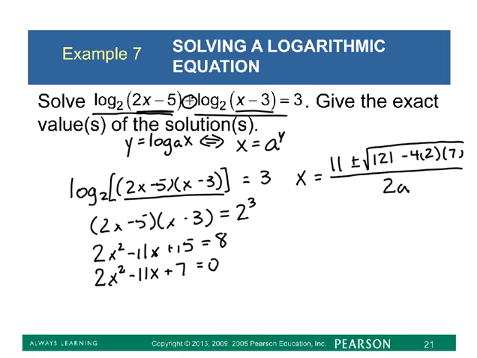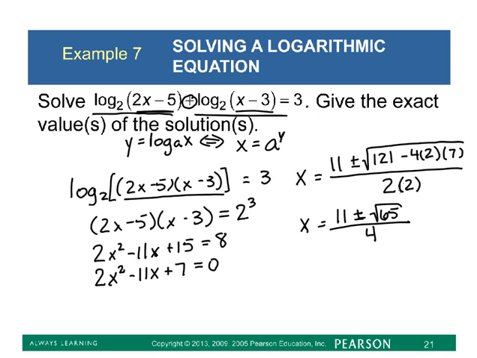Now this reduces to this right here. 11 plus or minus the square root of 65, over 2a, and 2 times 2. So over 4.